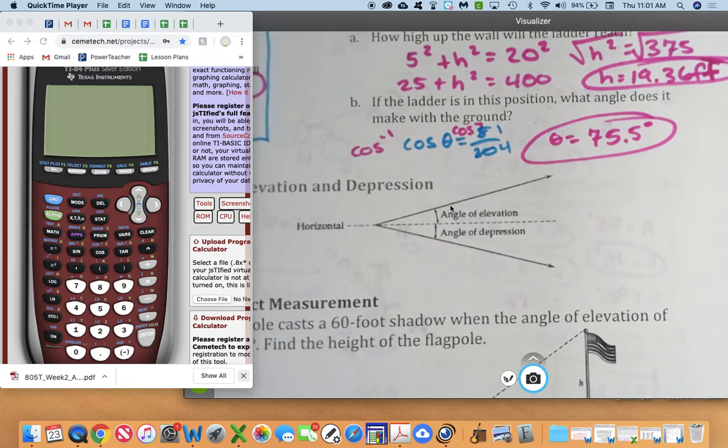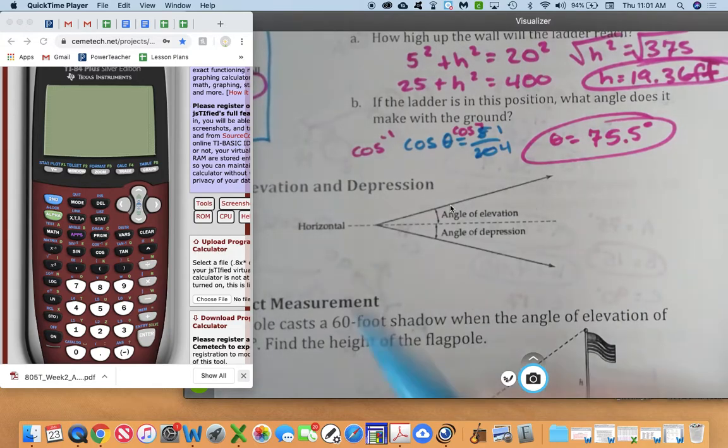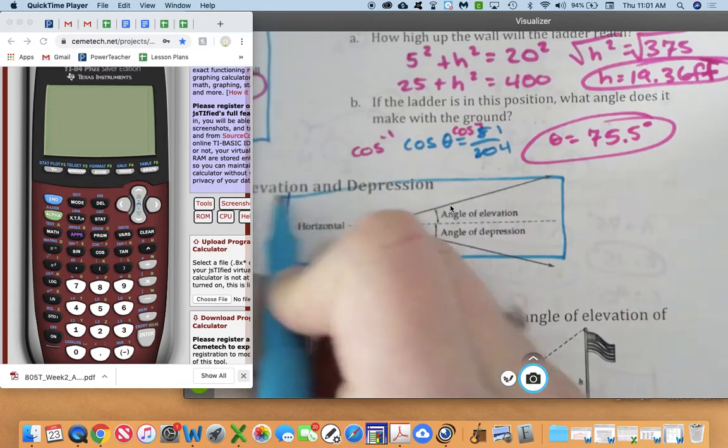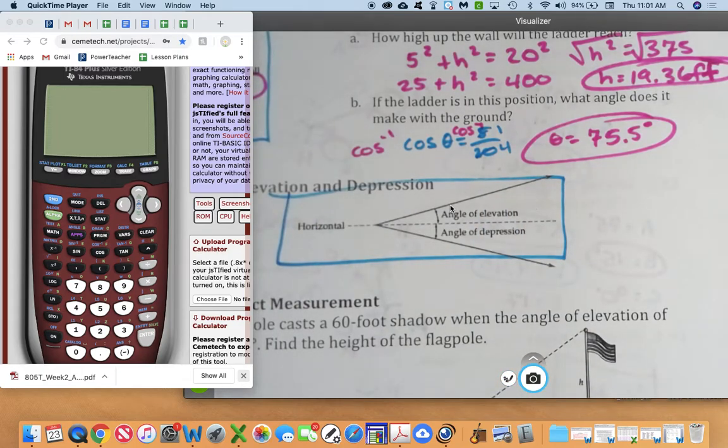Okay, take a look at depression. Take a look at this little diagram. If they don't give you a picture but say it's an angle of elevation or an angle of depression, think of it from the horizontal. If I have my arm straight out in front of me and I elevate my arm, that's the angle of elevation from here to here.